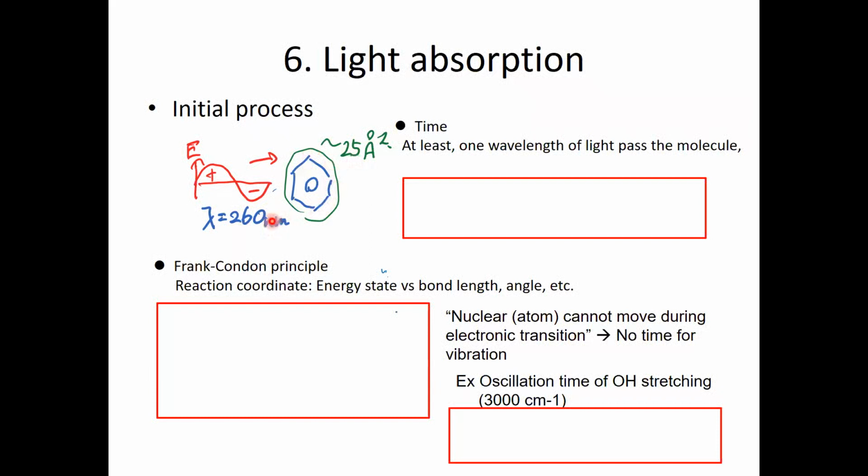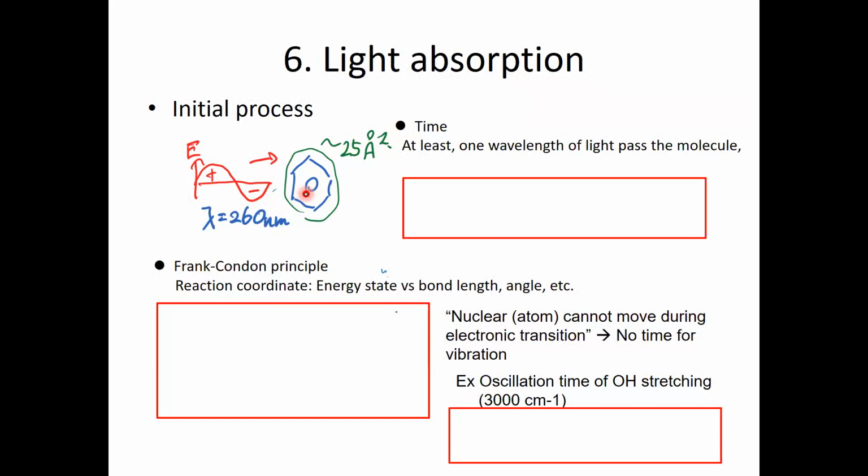So compared with the wavelength, the molecules are quite small. Actually, it's a long wave coming to a very tiny object. That's the actual image you have when the light absorption happens.